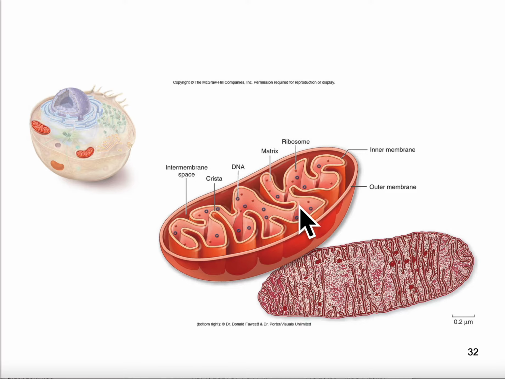The reason this is important is because mitochondria process the energy that we get into our cells, usually in the form of sugars. If you have a glucose, you cannot use the glucose by itself to do any work or anything useful in your cell.